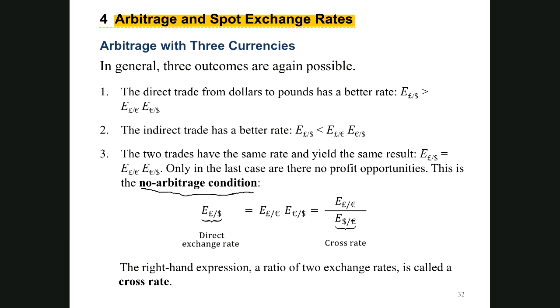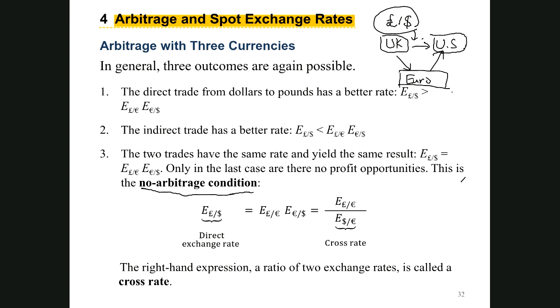So arbitrage with three currencies. Okay. Now if I want to switch pounds to dollars, you're in the UK, and the other is the US. One way is to trade directly. Another way is to use a third country, for example, using the euro to trade.